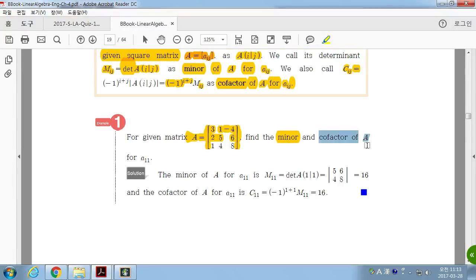Suppose A is here. What's the minor and cofactor of A for the 1,1 entry of A?